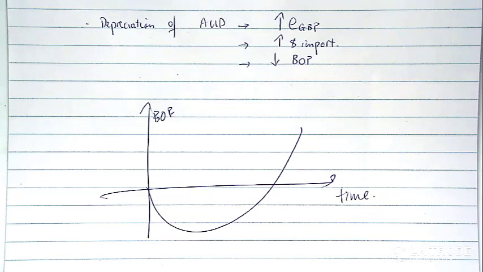Suppose, for example, Australians really like iPhones, right? So we really, really like iPhones. Doesn't matter how much the iPhone costs, we would want to buy a new iPhone as soon as it comes out, right? So our demand for iPhones is very, very price inelastic, okay?